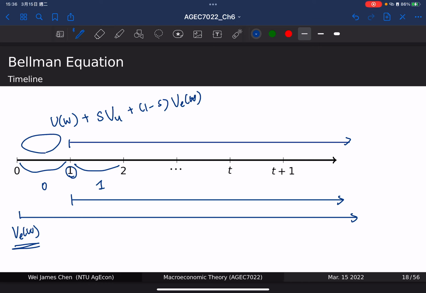This is counting starting from period 1, not period 0. But why do I still use the VE of W? There's 1 period difference. Why do I use the same phrase, VE of W?